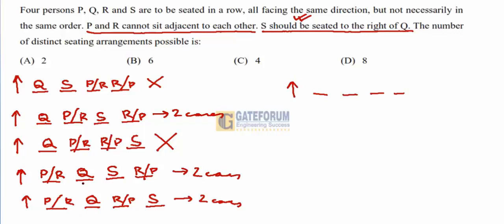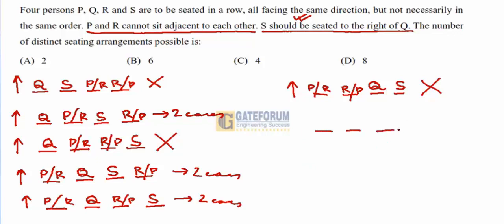See, in all these cases, Q was sitting in the second position. Let Q sit in the third position now. In that, S is sitting here because S is to the right of Q. But then P and R will have to sit here, which is not possible because they cannot sit adjacent to each other. So this is done away with.